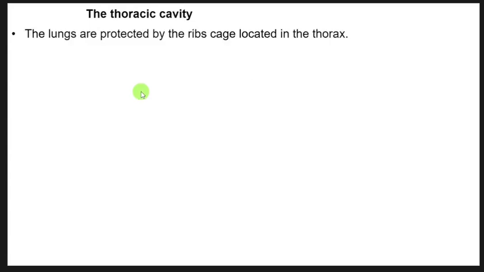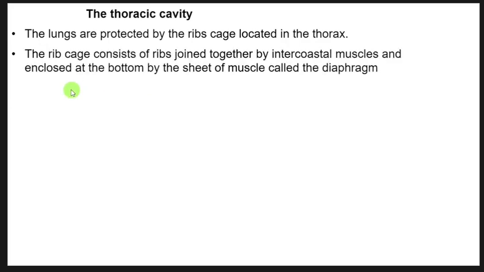The lungs are protected by the rib cage located in the thorax. The thorax is actually the chest. That's where we find the rib cage, and the lungs are protected by it.